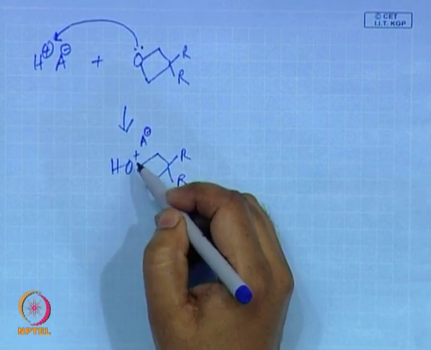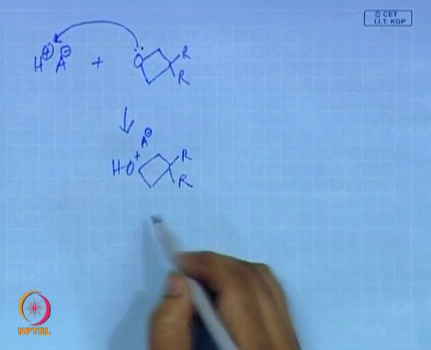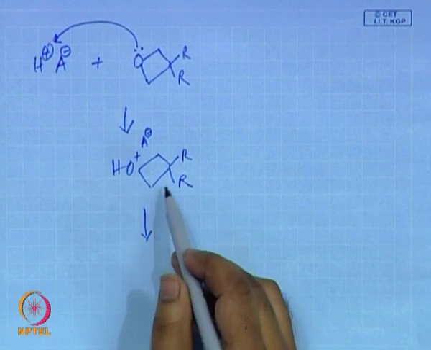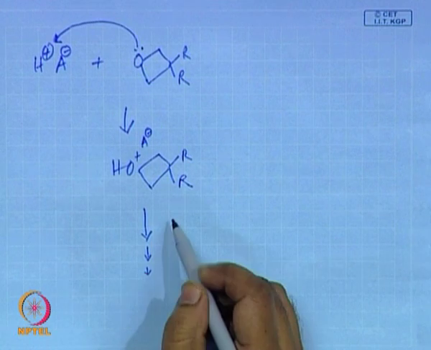In all these cases you have a counter ion associated with it. This will react with another monomer and propagate the chain.